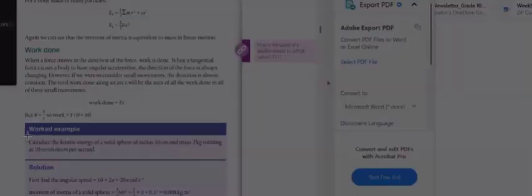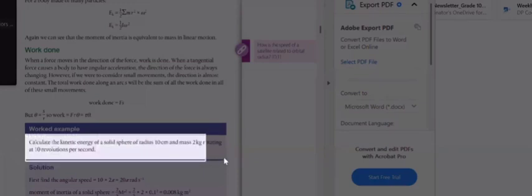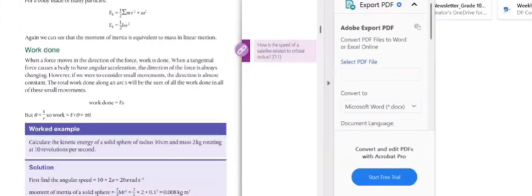Just try to find out if it is doable or not. Okay, solve. 10 centimeter, mass kg, and 10 revolutions. Solid sphere.